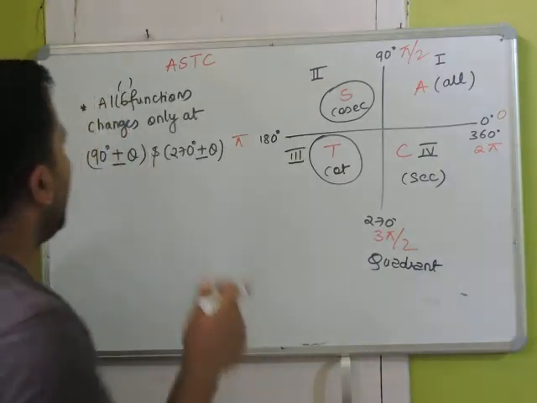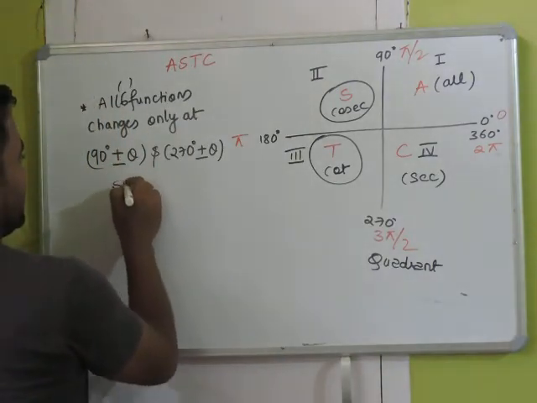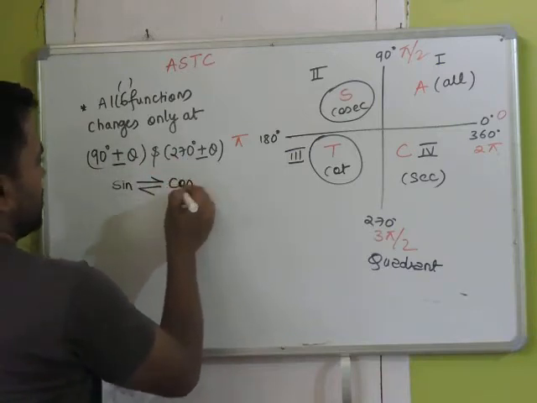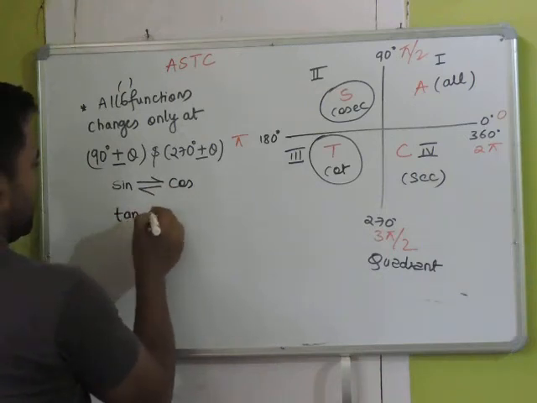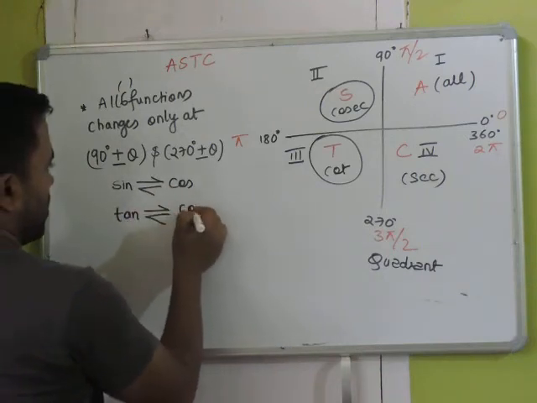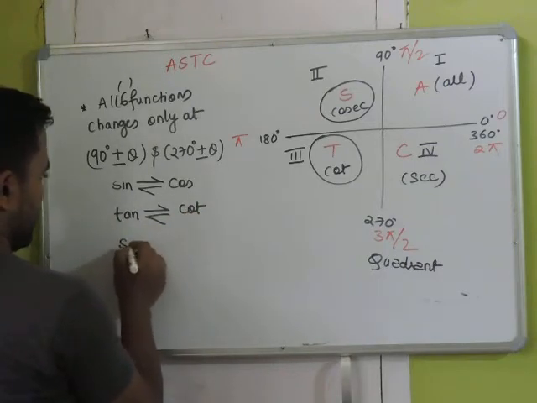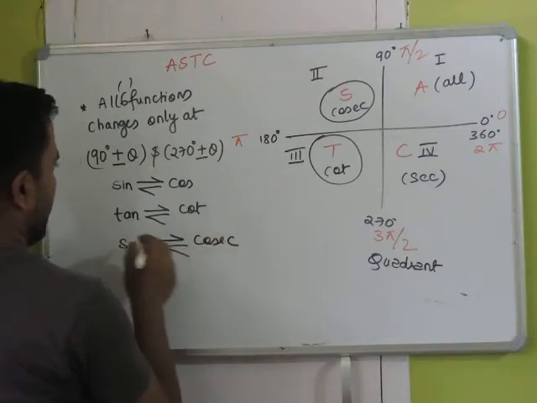Sine will change into cos, and cos will change into sine, tan will change into cot, and cot will change into tan, and in the same way sec will turn into cosec, and so on.